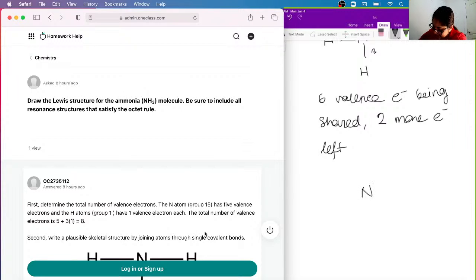And so lastly, our structure would look like this, with the 2 electrons on the nitrogen atom, and this is your complete octet. And so this is how you draw the Lewis structure of ammonia.